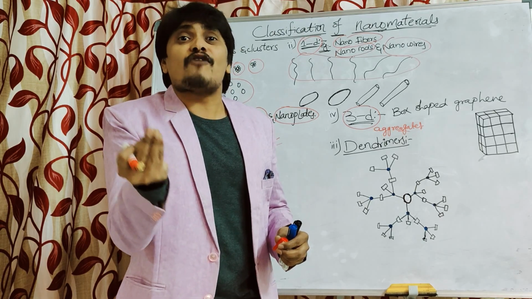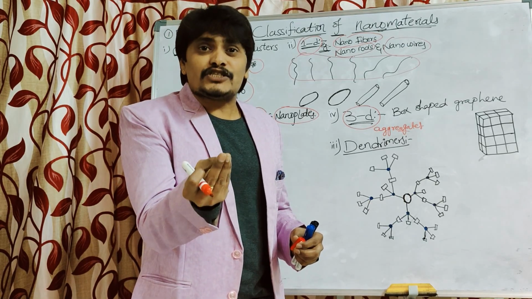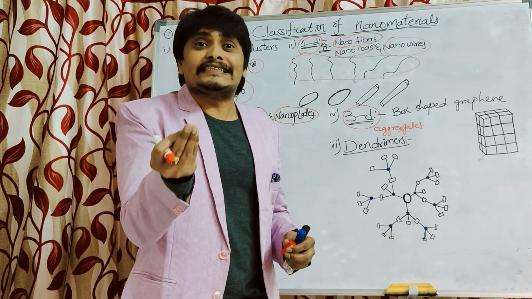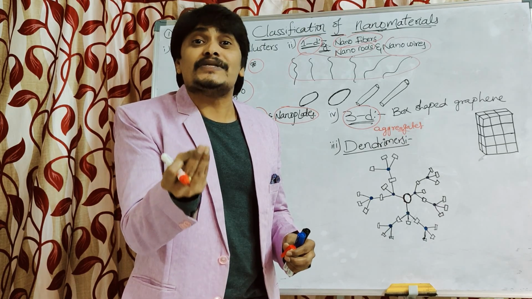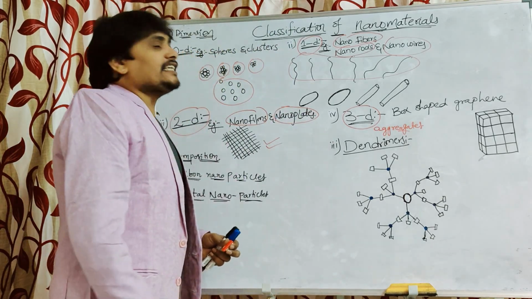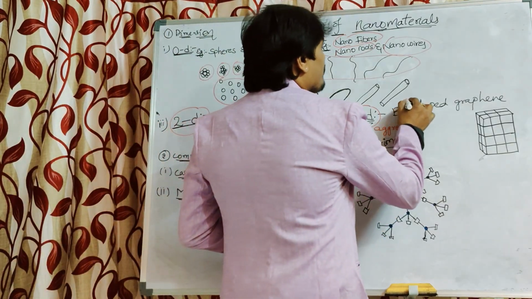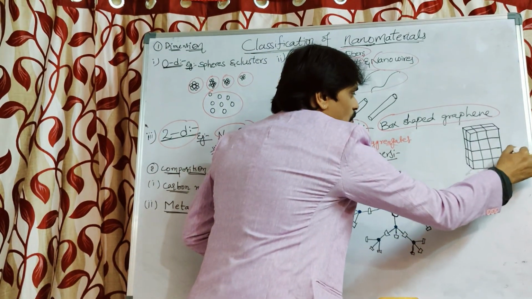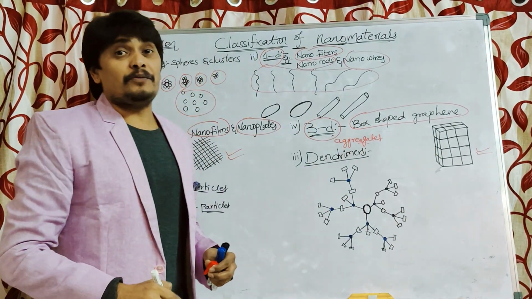In the three-dimensional nanomaterials, all the three dimensions will be in the nanoscale only. An example of a three-dimensional nanomaterial is box-shaped graphene.